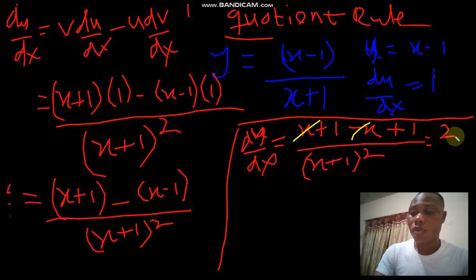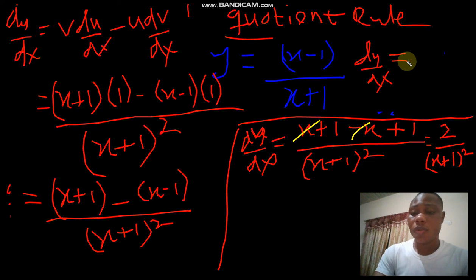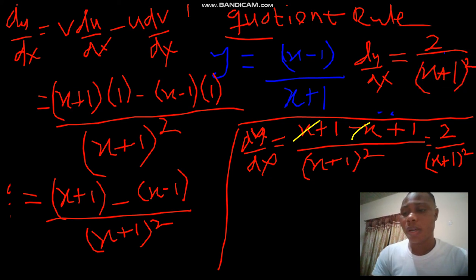I'm left with 2 over x plus 1 all squared. So the derivative dy/dx of this function is just equal to 2 over x plus 1 all squared. You can try it yourself and let's see.